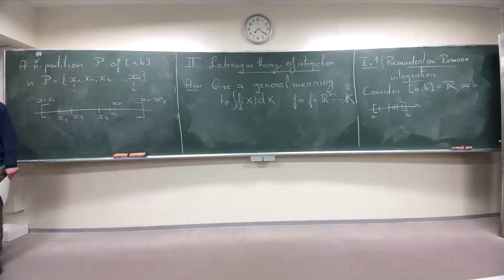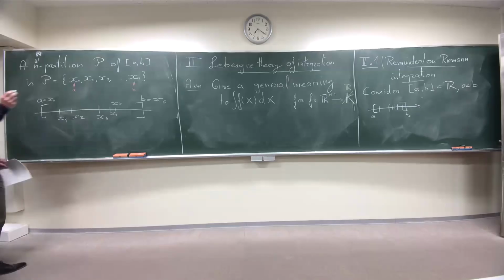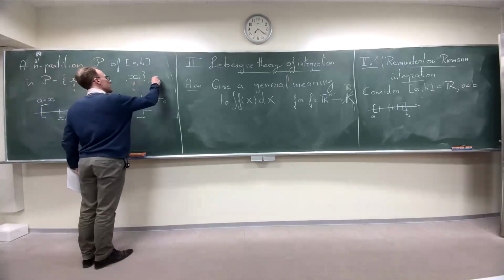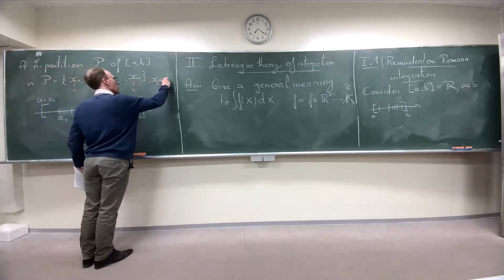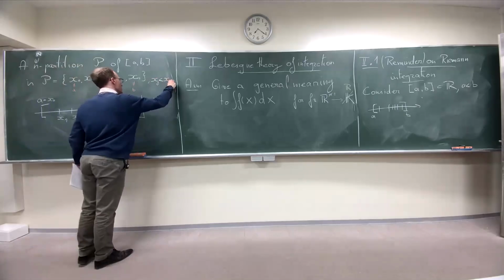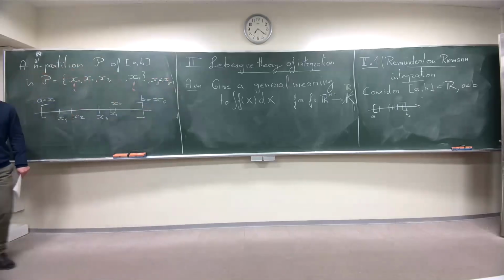This is an example of a 6 partition. A partition is just a subdivision of this interval into n subintervals. And I should mention xj is strictly smaller than xj plus 1, which means I don't take 2 times the same value.